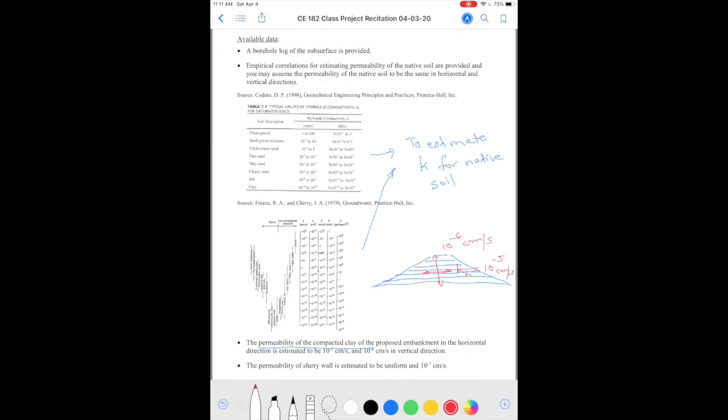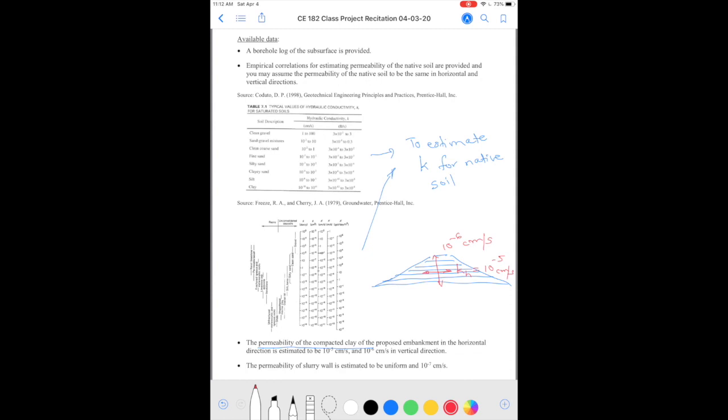So just remember and be careful in converting these values into meter per second, because you will set up your model in meters. Or if you set it up in feet, you have to convert this into feet per second.